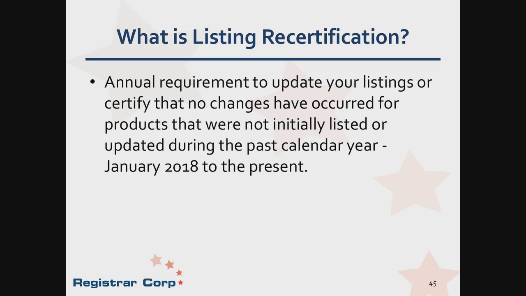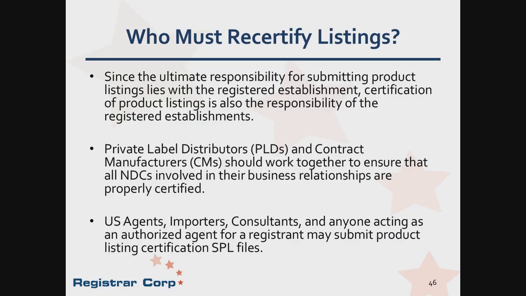Listings have been required to be updated every June and December when there were changes to the product's information, marketing status, or labeling content. Listings that had no changes required no further action. Now listings that have no changes are required to be recertified between October 1st and December 31st for the listing to be considered valid in the next coming calendar year.